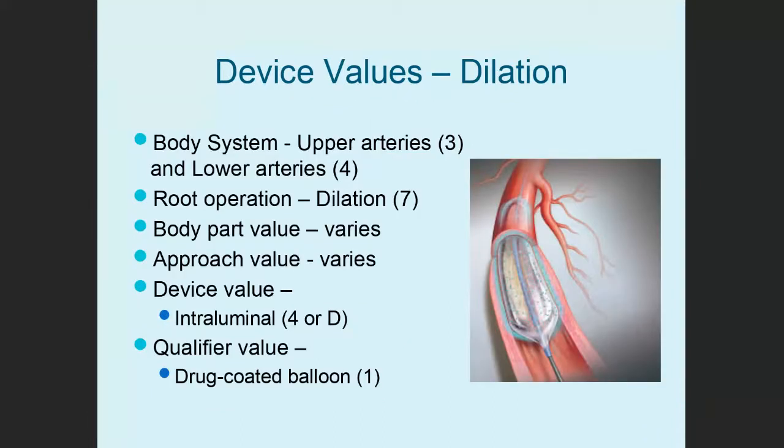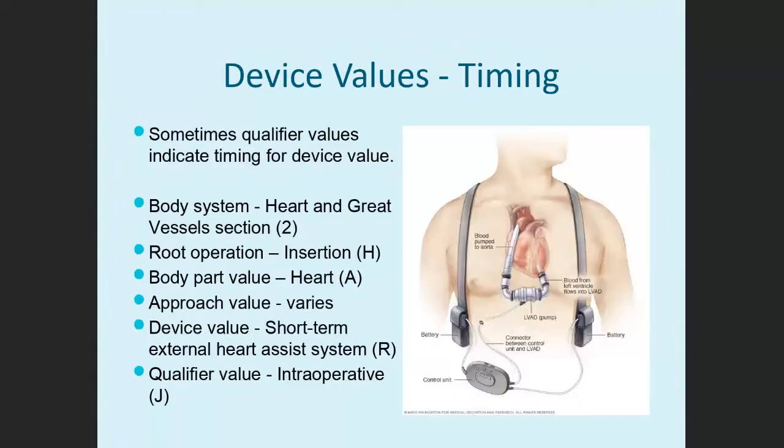For dilation procedures in the upper and lower arteries body systems, the device intraluminal is further defined as a drug-coated balloon. It may not be a drug-coated balloon, but if it is, then you're going to use qualifier value 1. It gives more information about the type of device being used.